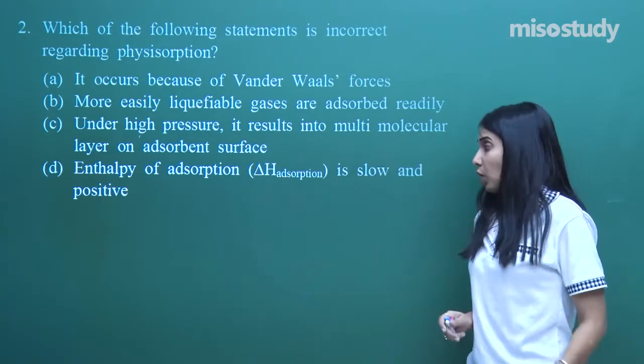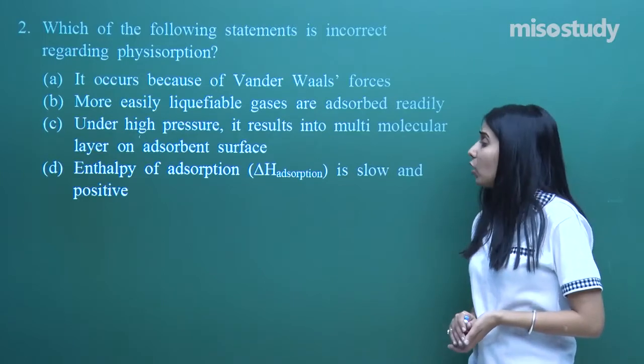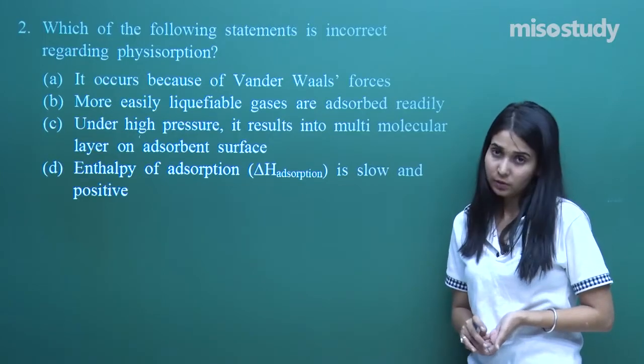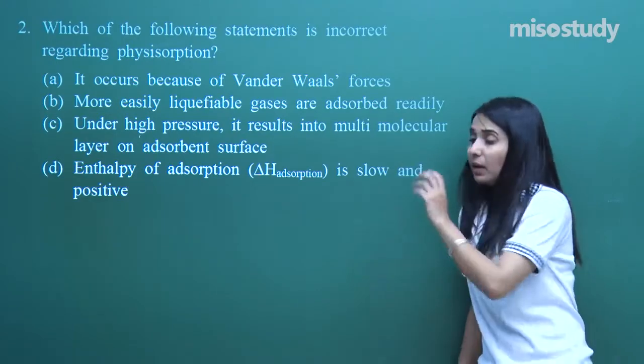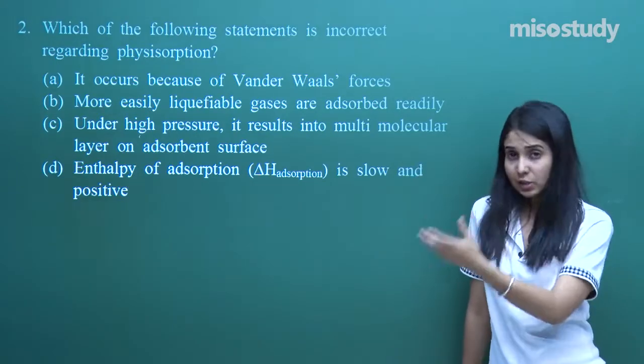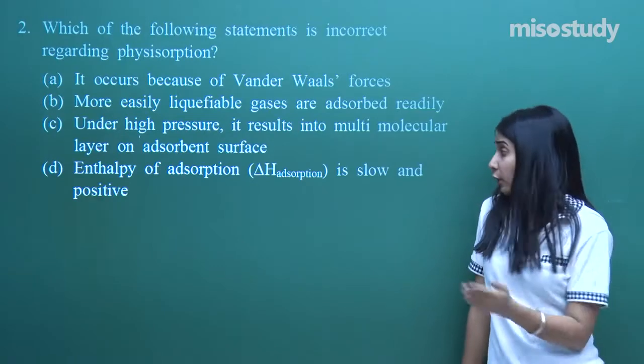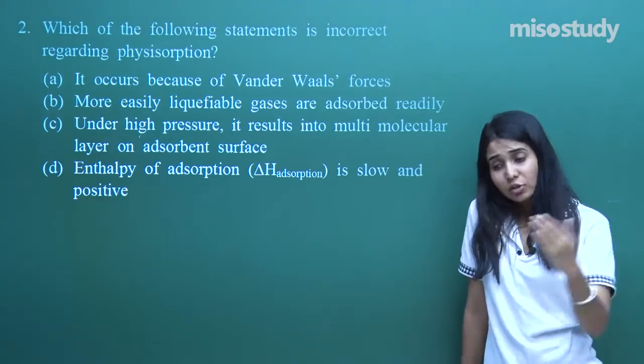Coming up to the last one, it says that enthalpy of adsorption is low and positive. Is it true? Well, of course not, because I know that physical adsorption is exothermic in nature, right? If it is exothermic in nature, it has to move forward.